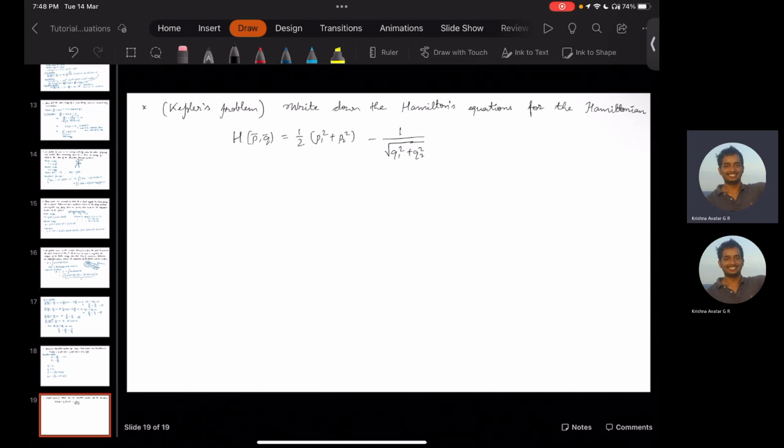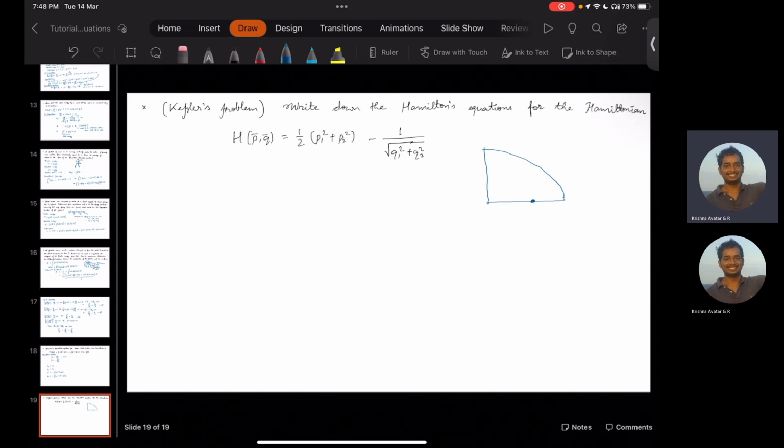What we are required to do here is, let me first describe what this problem essentially is. This problem is a two-body problem. The schematic goes as follows: the sun is here.